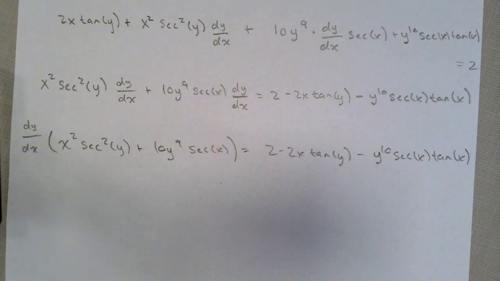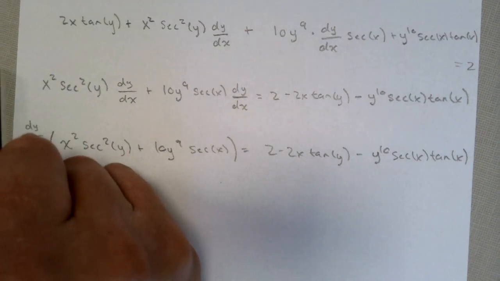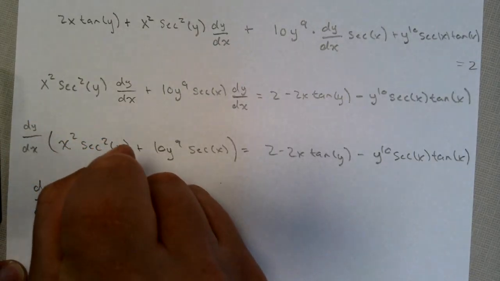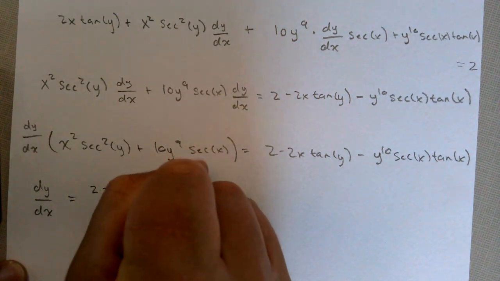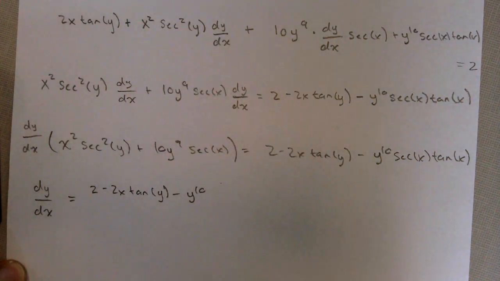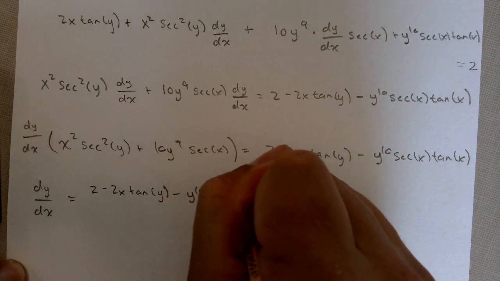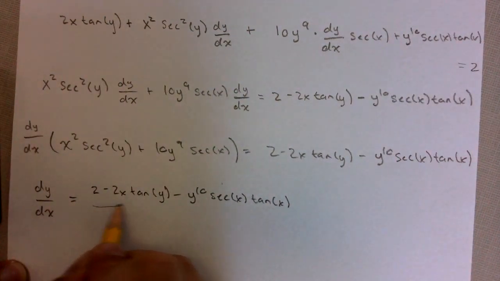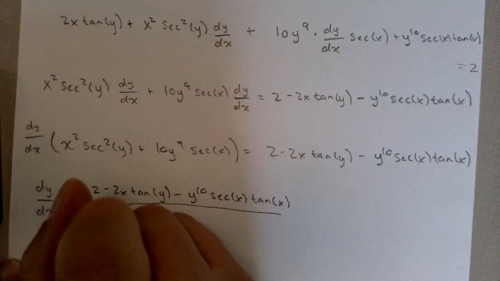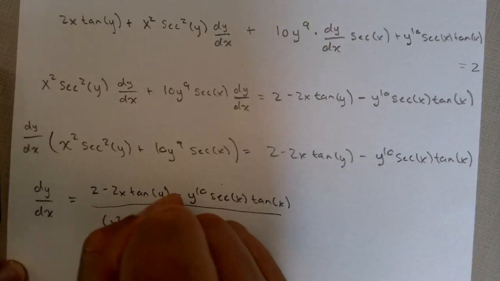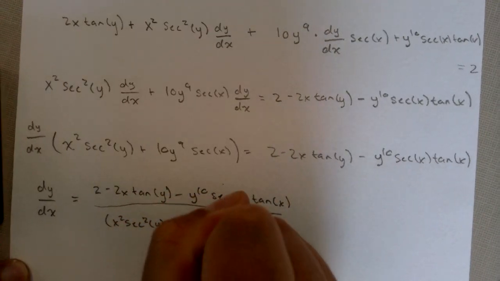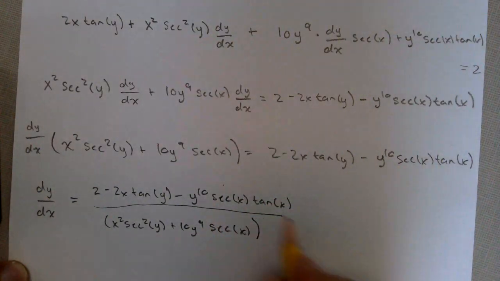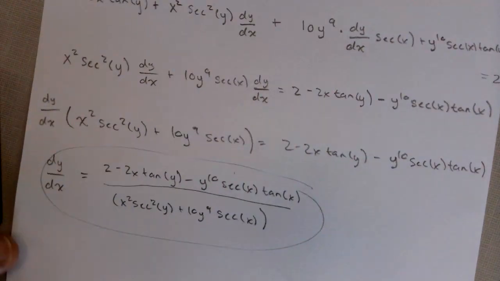Now all you have to do is divide. dy dx is equal to 2 minus 2x tangent y minus y to the 10th power secant x tangent x, divided by x squared secant squared y plus 10y to the 9th power secant x. That's our answer.